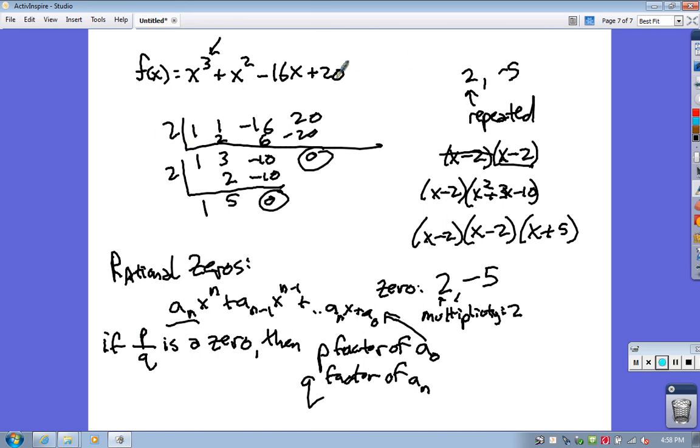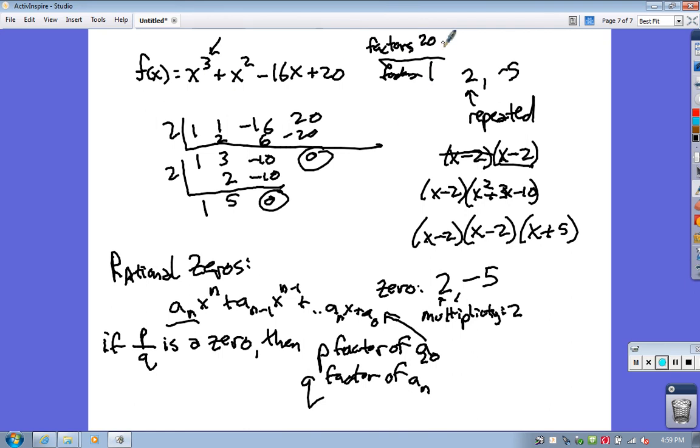Like if I look at this one, notice my last term is 20 and my first term is 1x cubed. So all my potential zeros are the factors of 20 over the factors of 1. Notice it's the last over the first.